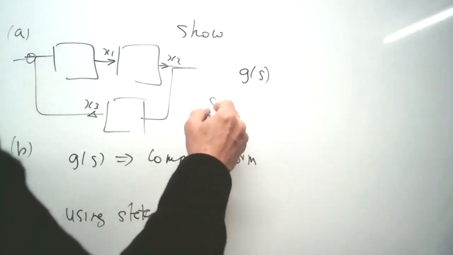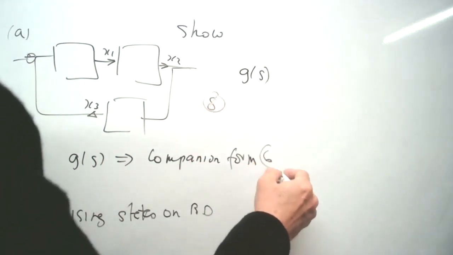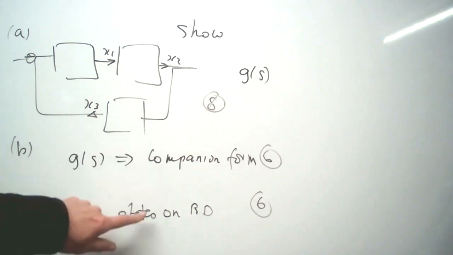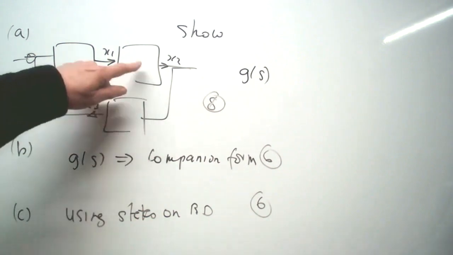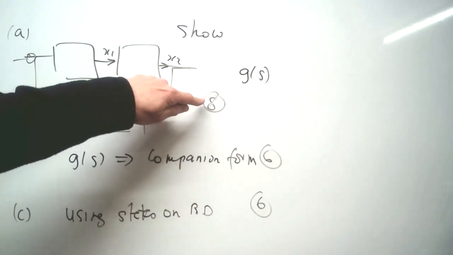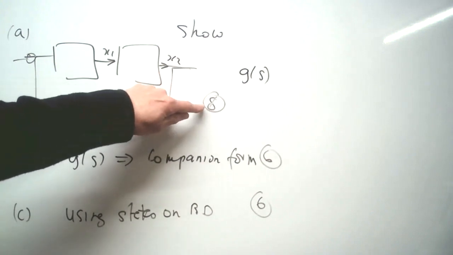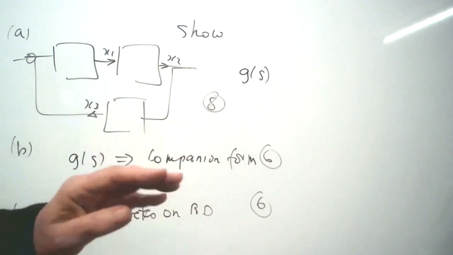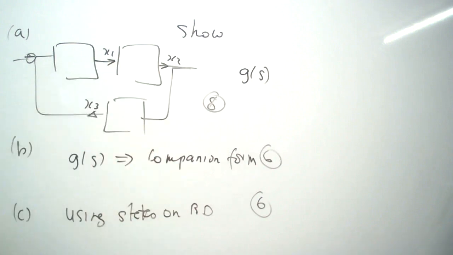So it's 3 things, worth 8, 6, and 6. These 2 are very easy to do, and this bit is fairly easy. Make a couple of mistakes, you can only lose 2 marks. So you should have got 18 on this on a bad day and 20 on a good day.